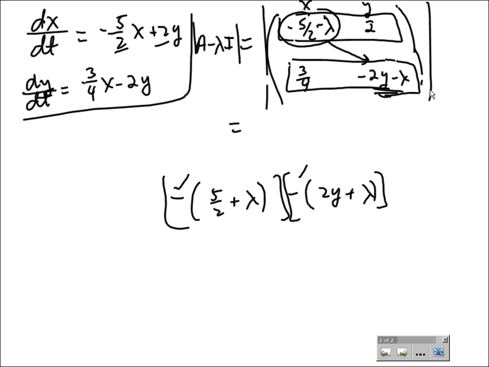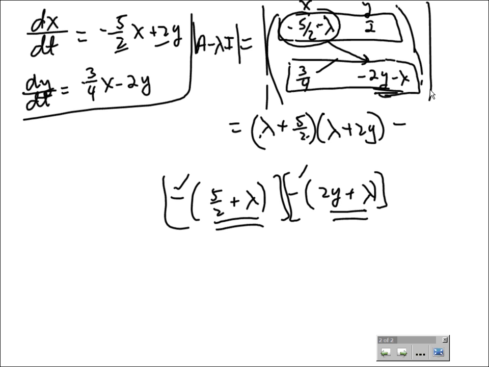That is, this is just the same as this times that. I'm going to write the lambdas first, minus that product. 3/4 times 2 is 3 halves. And that's what we get.